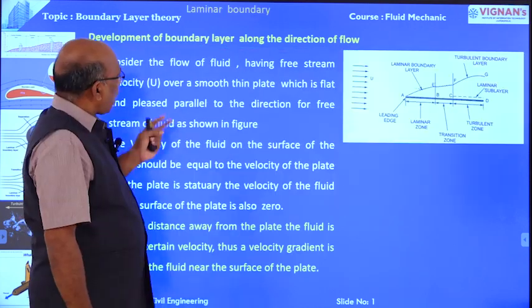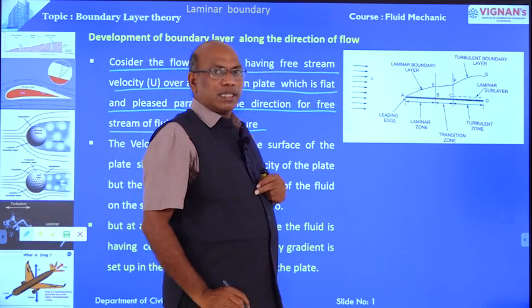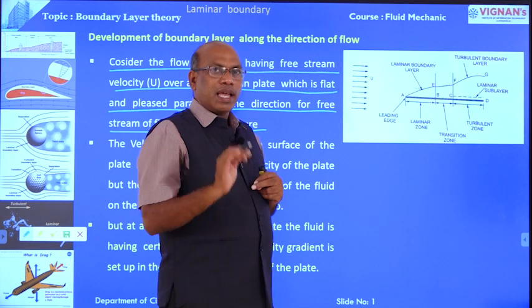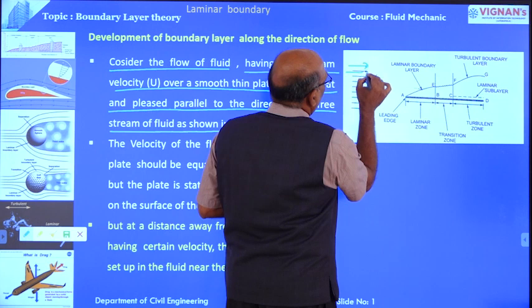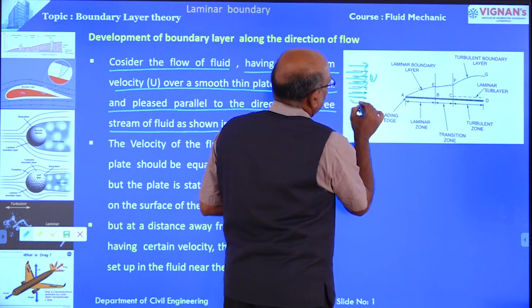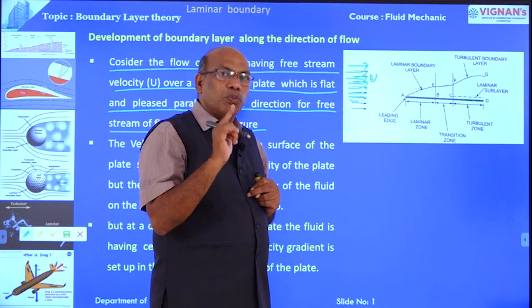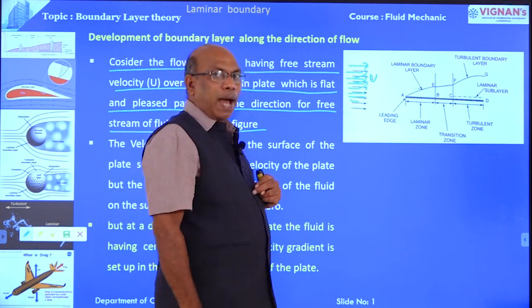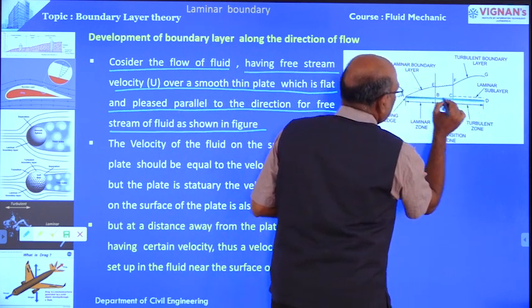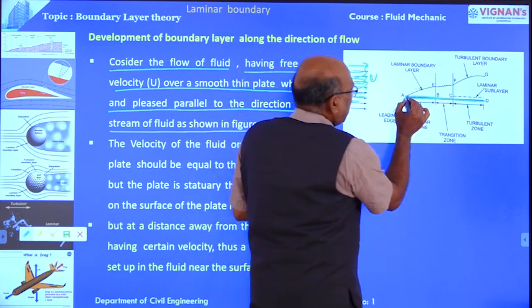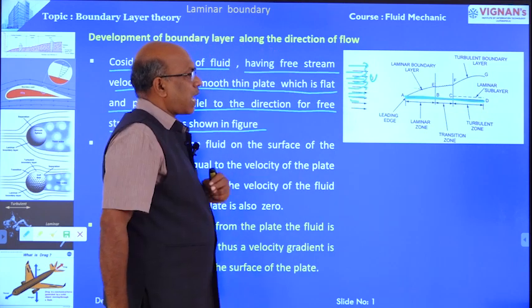Right? Now the first point: consider a flow of fluid having a free stream velocity u, and provided a thin smooth plate parallel to the direction of flow. Now what is happening?